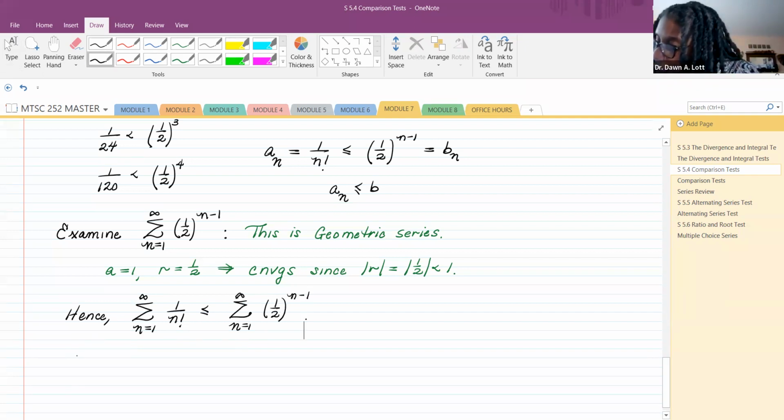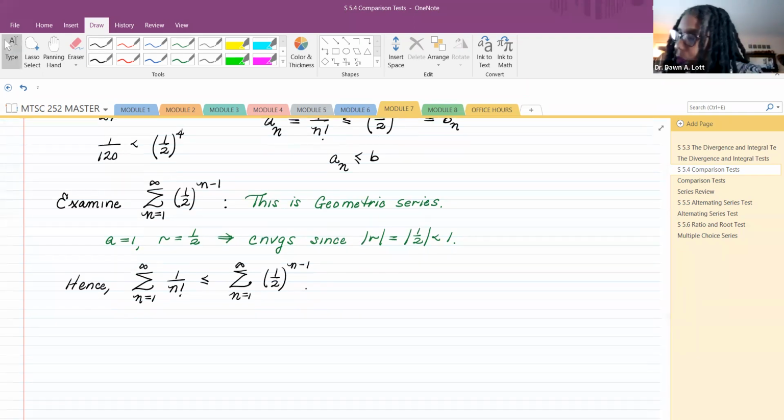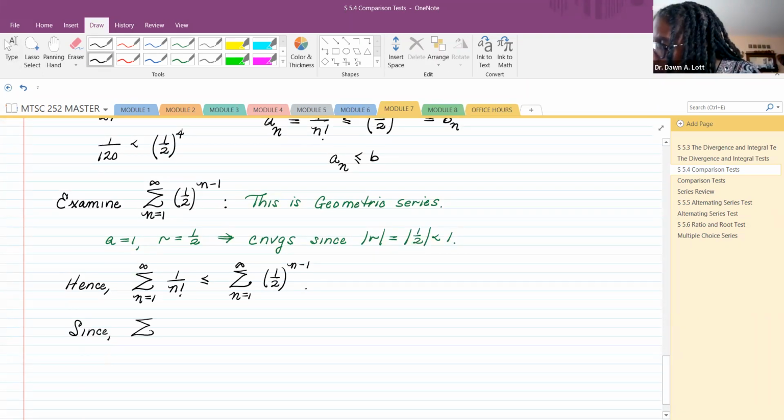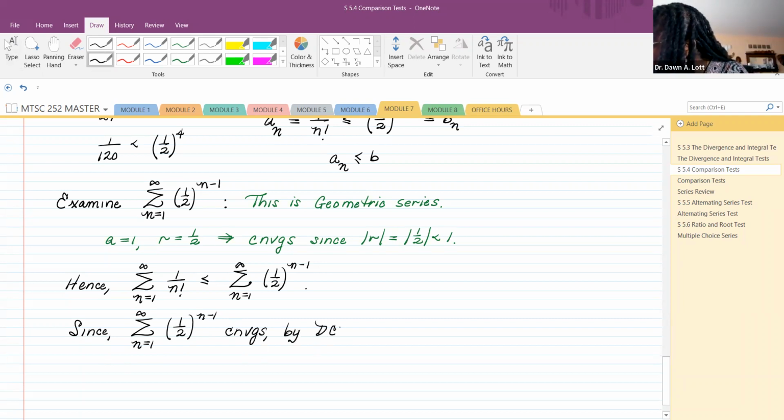Okay, so since the sum of the bigger series, 1/2 to the n minus 1, converges, by the direct comparison test the summation n equals 1 to infinity of 1 over n factorial also converges.